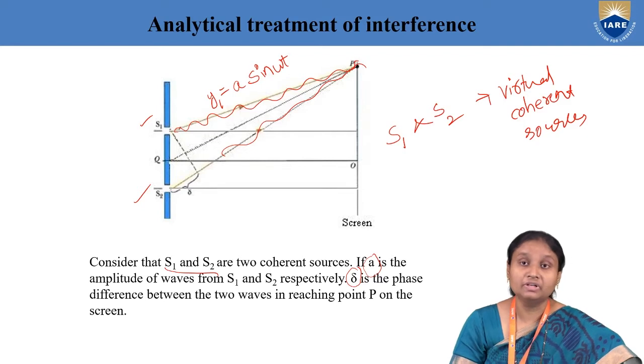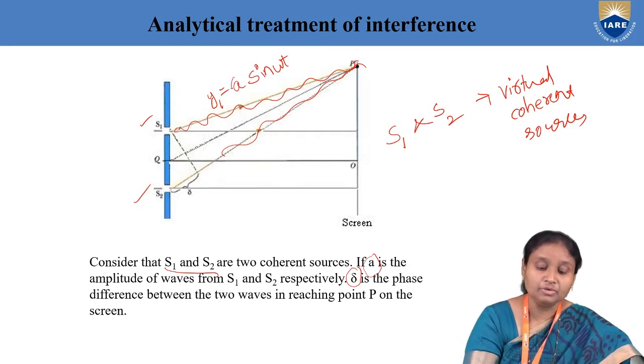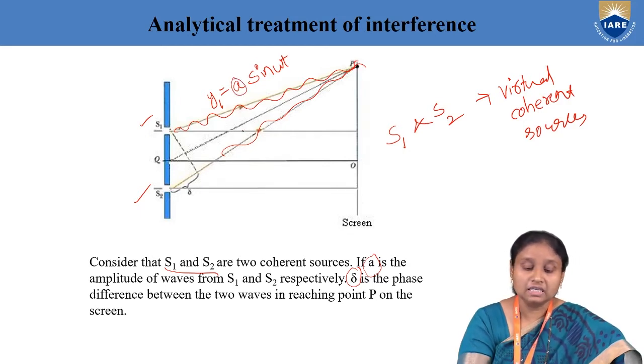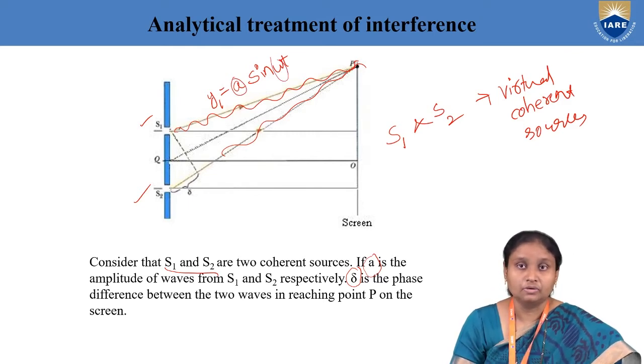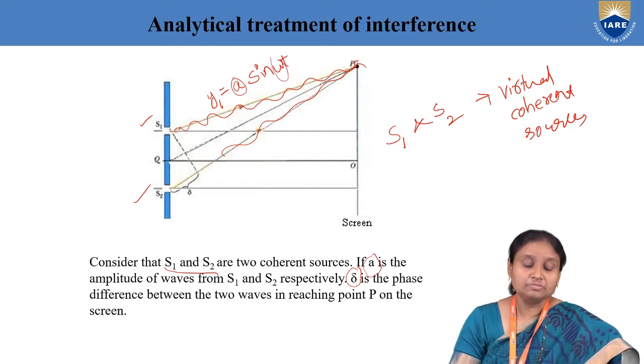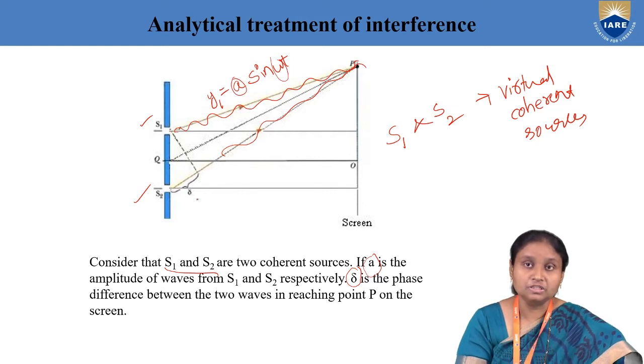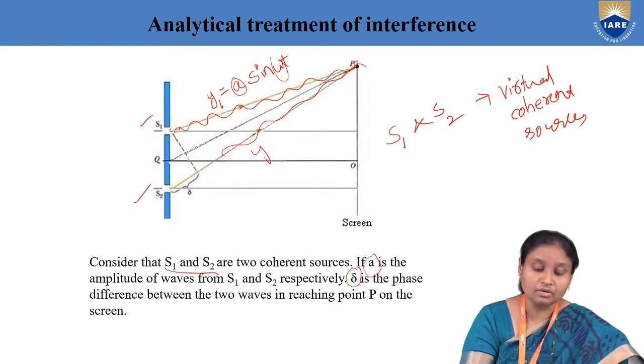What is Y1? Y1 is the displacement of the wave that is coming from the source S1, and A is the amplitude of that wave. In this case, omega is the angular frequency and t is time. Similarly, the displacement of the wave that is coming from the source S2 is given by Y2, and it is given as A sine of omega t plus delta.